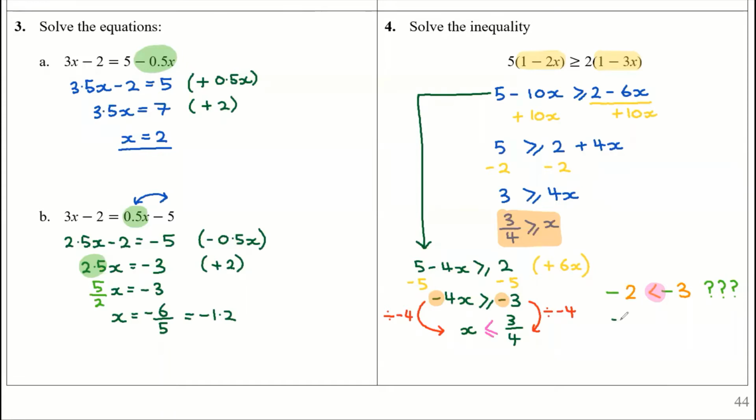So we would have negative 2 would have to be greater than negative 3, simply because I've multiplied both sides by negative 1, or you could think of it as I've divided both sides by negative 1. It does the same thing. So any kind of multiplication or division by negative numbers, the inequality has to switch around. Okay, right. So that concludes the warm-up.